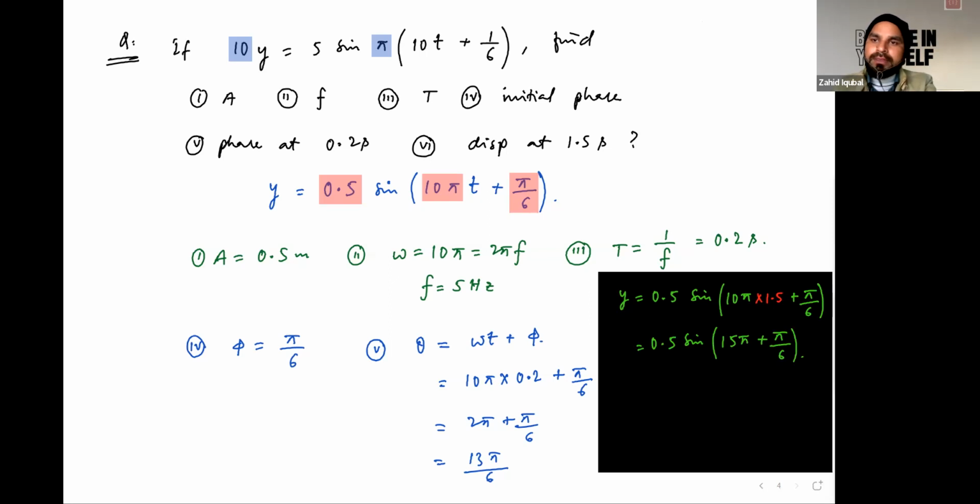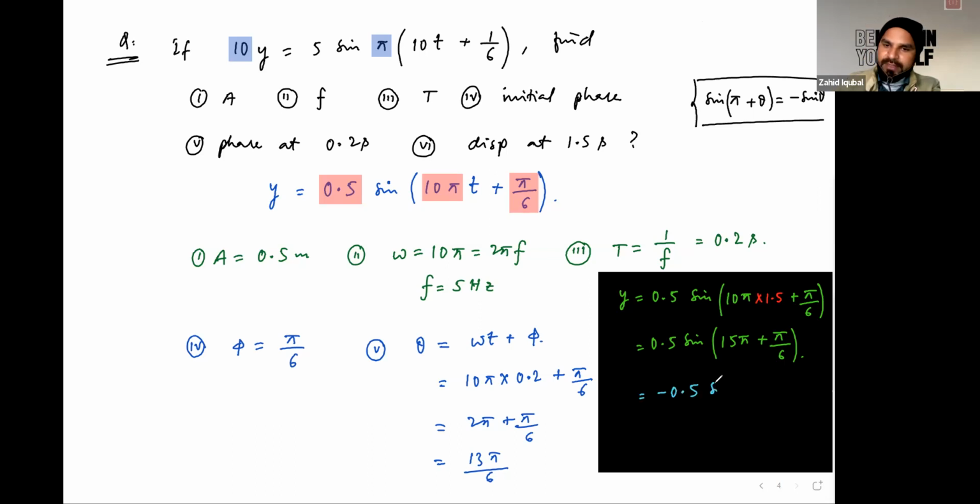Now there is an identity related to this part. Sine of pi plus theta is equal to minus sine theta, since this particular term would lie in the third quadrant where sine theta will be negative. So using this property, we may write it as minus 0.5 into sine pi by 6. Hiba, just tell me the value of sine of pi by 6.